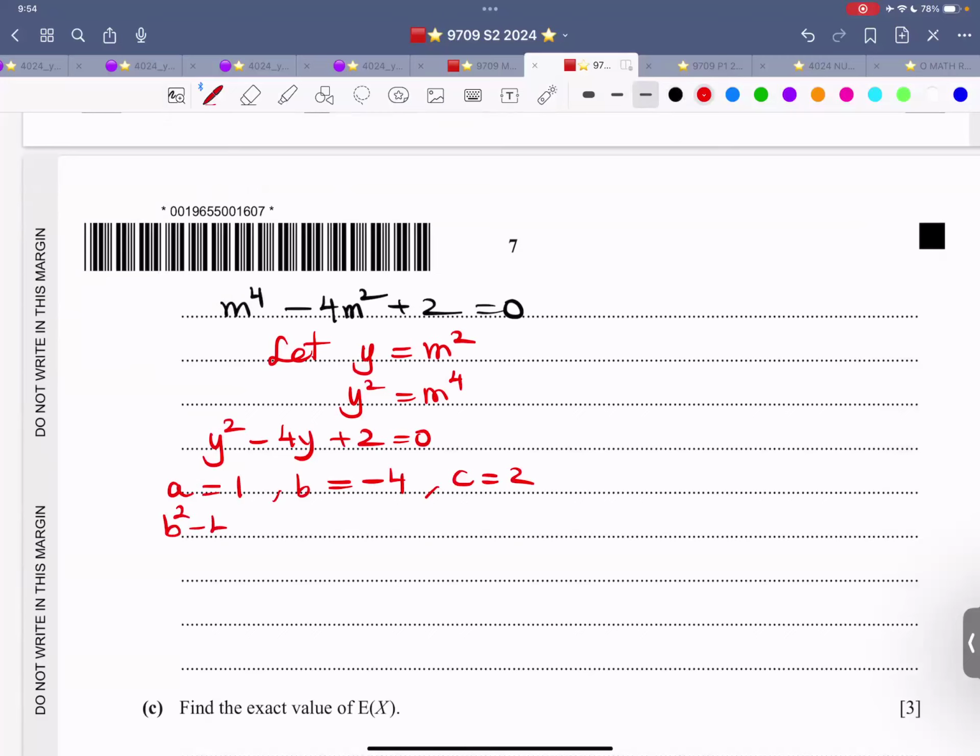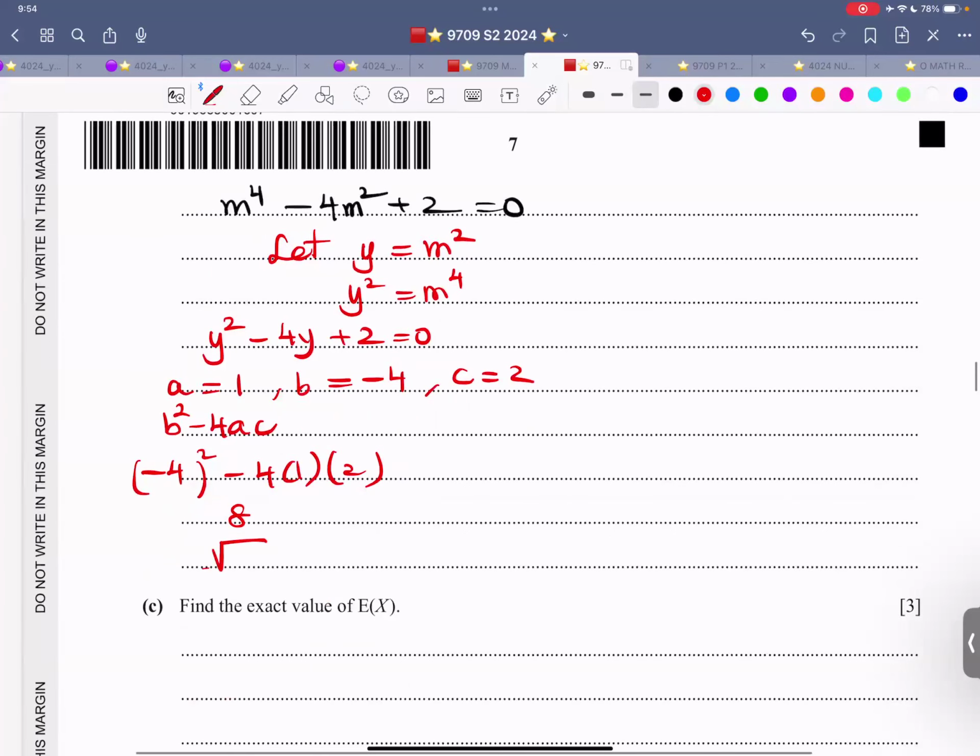Let me evaluate b squared minus 4ac first. That is negative 4 whole squared minus 4 into 1 into 2. This is 16 minus 8, which comes out to be 8. The square root of 8 is the square root of 4 into 2, that is 2 root 2.